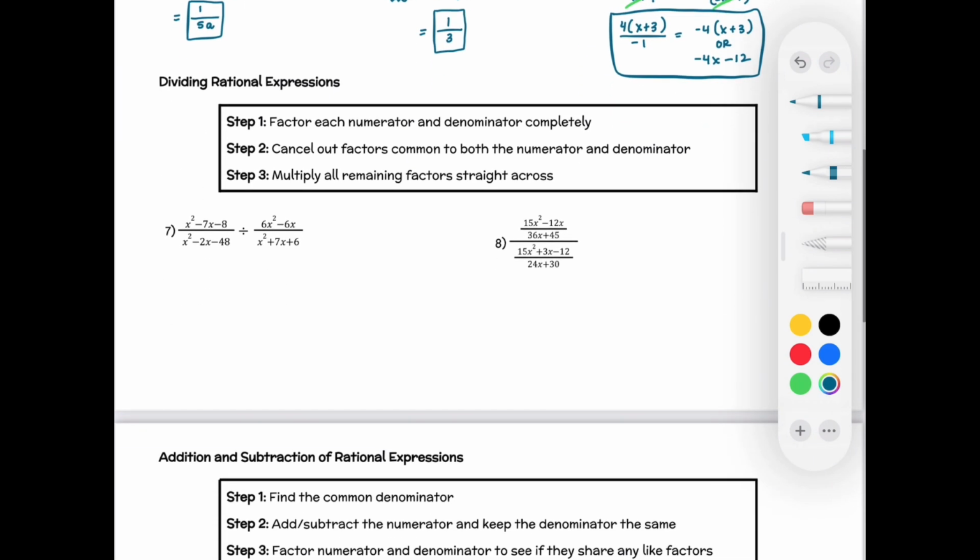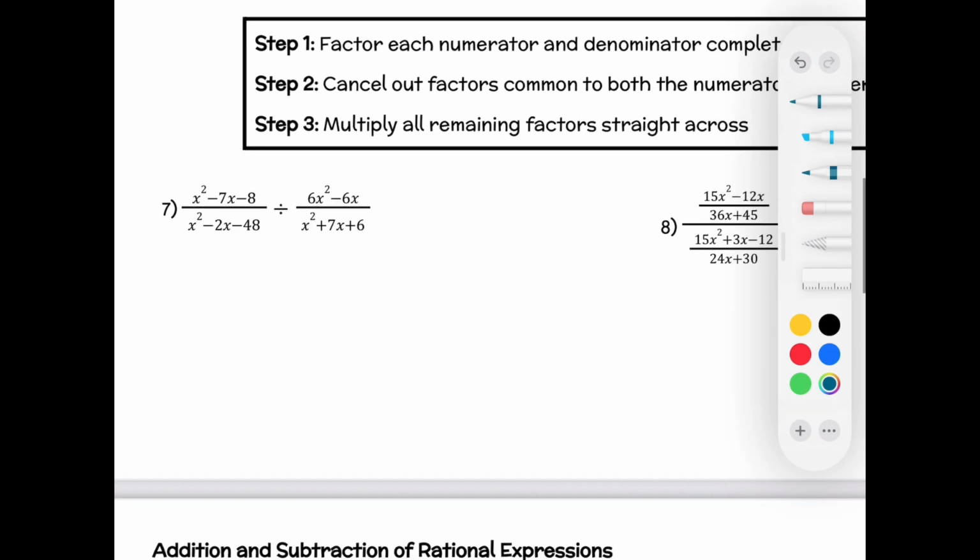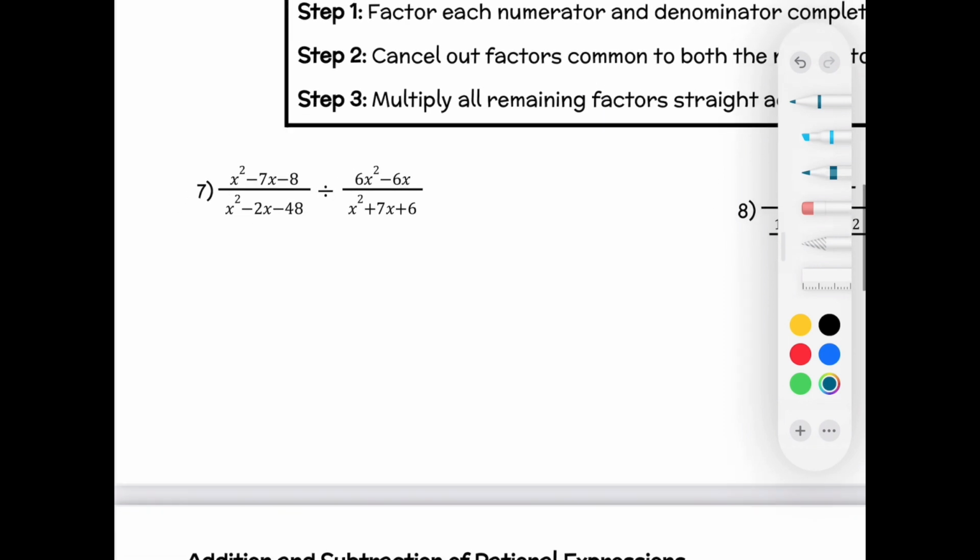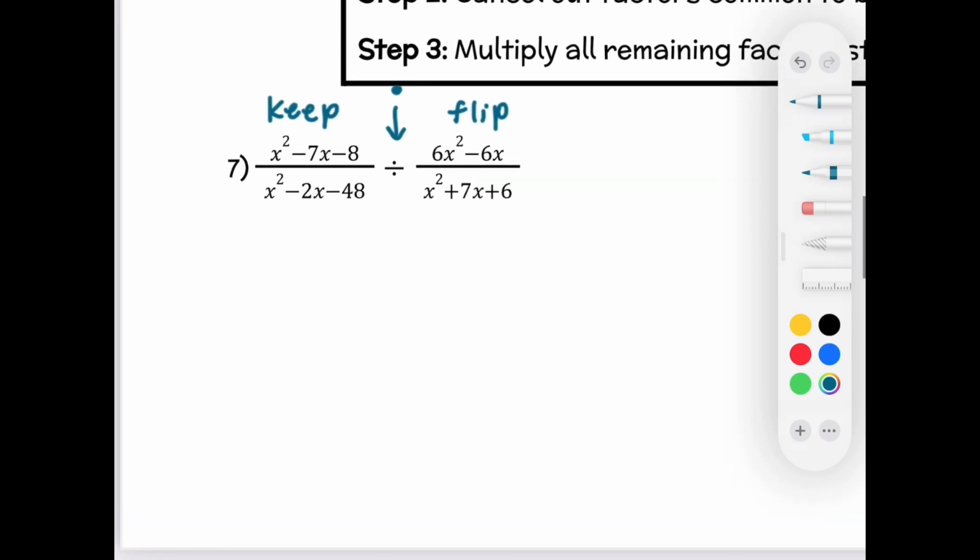All right, dividing. Dividing is basically the same as multiplication, we just have one extra step. Whenever we divide, we keep the first fraction the same, we change to multiplication, and then we flip the second fraction. So this whole thing stays the same. I'm just going to go ahead and factor it to save myself some work.